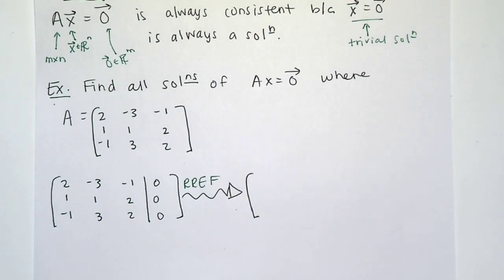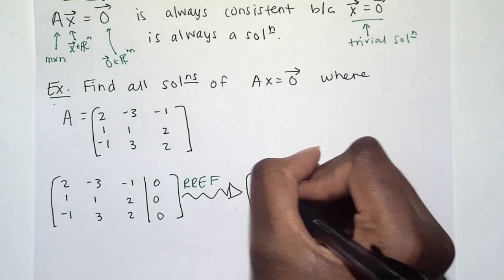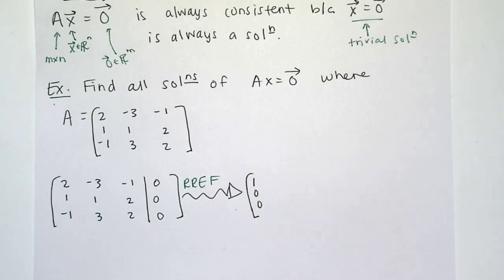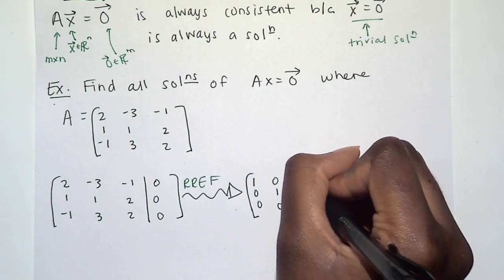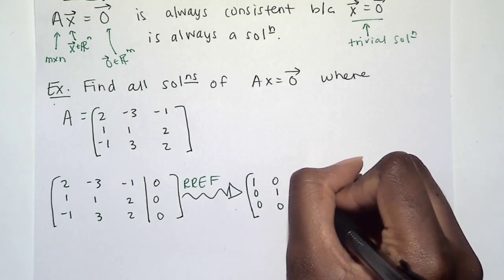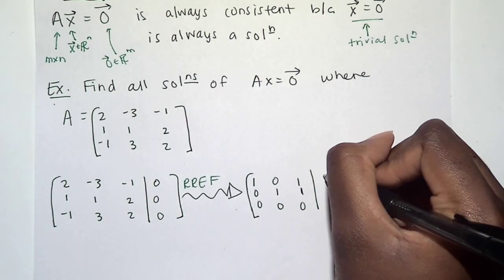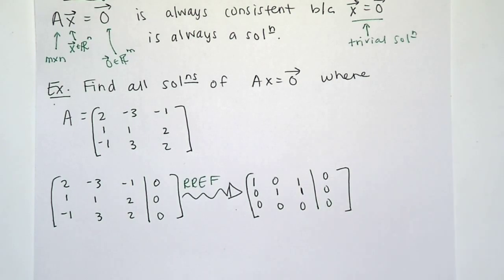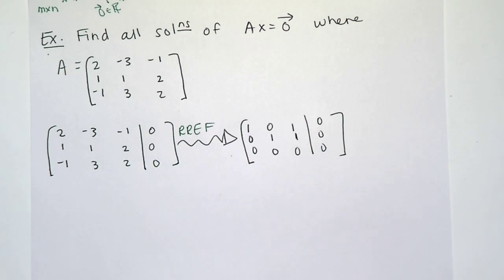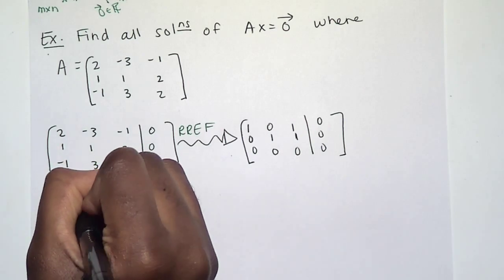When I do, down the columns, I'll have 1, 0, 0, 0, 1, 0, 1, 1, 0. And of course, these zeros are not going to change on the other side. Now we see that we got more than just the trivial solution here. So let's come up with a general solution.